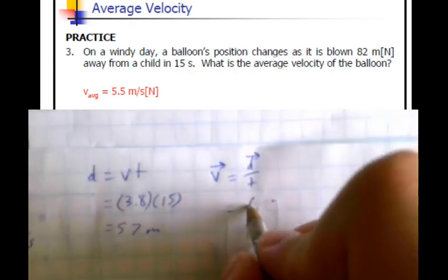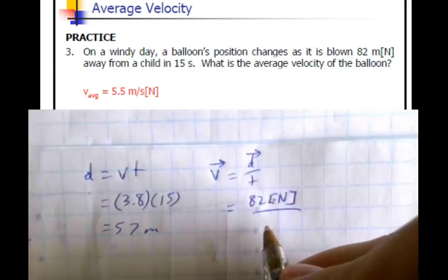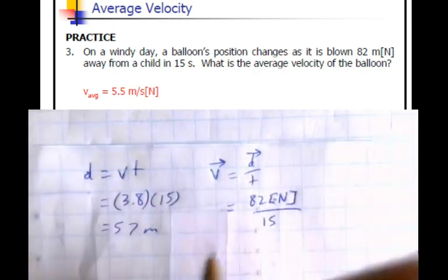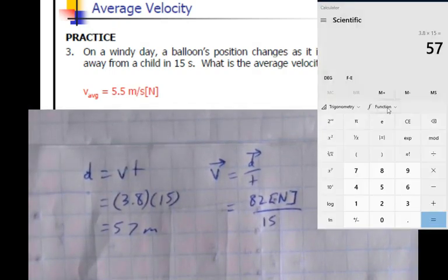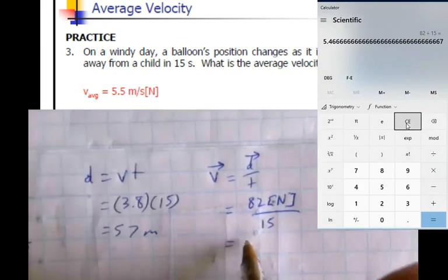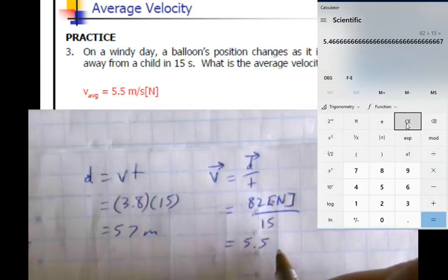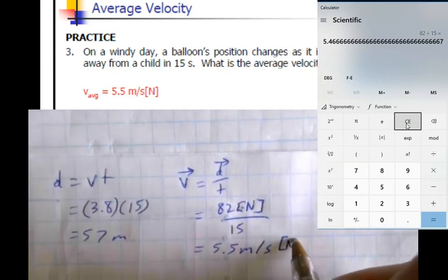This is 82 north divided by 15 seconds, and using our calculator, 82 divided by 15 gets us to 5.5 meters per second, and the direction is north.